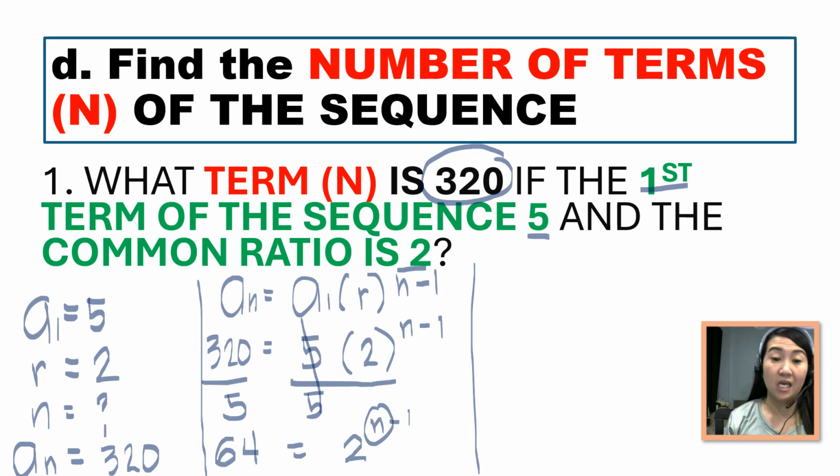Since siya ay nasa exponent. Ang given natin on the right side of your equation is in exponential form. So the technique here is, you also need to make the value on your left side written in exponential form. So kung naka-exponent format yung nasa kanan mo, kailangan yung nasa left side is also in exponential form.